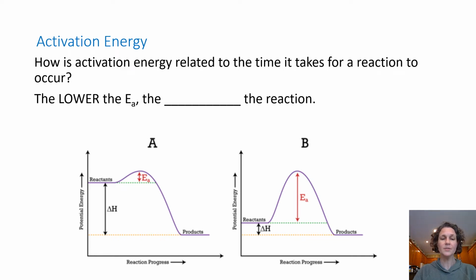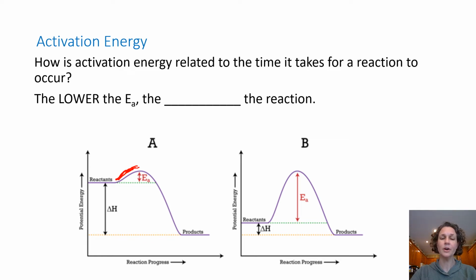And so I've got two graphs here, one with a very low activation energy in graph A, and then one with a much higher activation energy in graph B. And I always think about it in terms of, if I have to walk up a hill, how quick am I going to go based on the size of the hill? In my physical state of condition, this little small hill is way more my speed. This one I can get up pretty quickly, and then I would roll on down to the products.